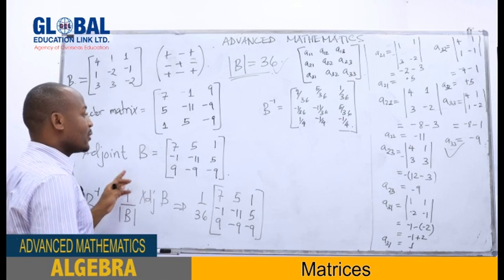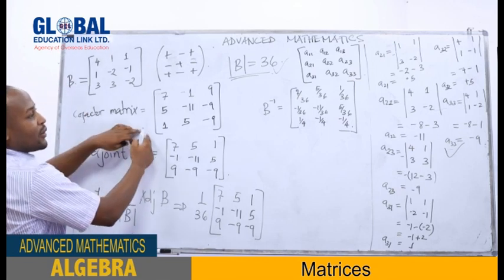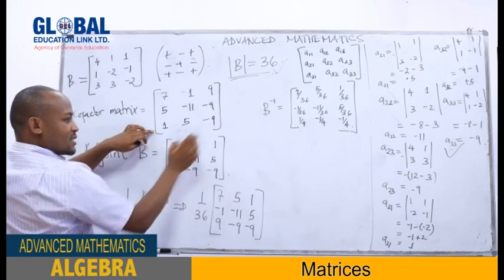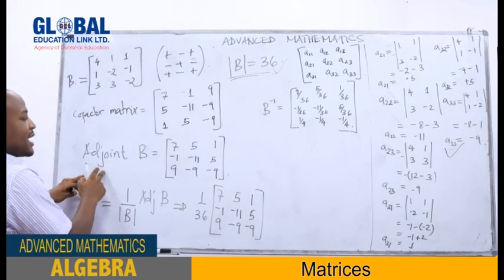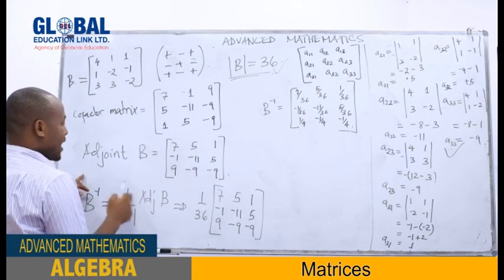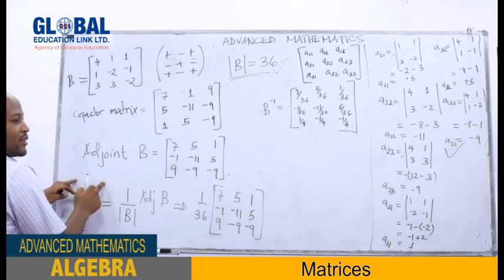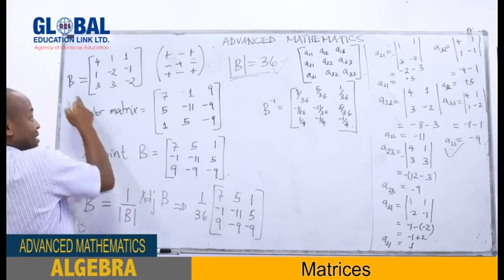Then we had the cofactor matrix, and we collected the cofactors into this matrix. Then we found the adjoint by transposing this matrix, and we had this. That means this is the adjoint of matrix B.